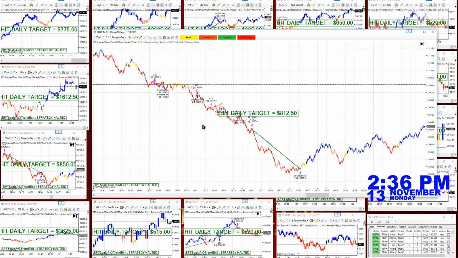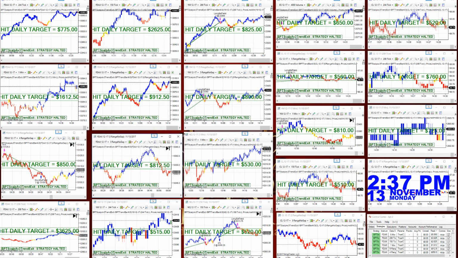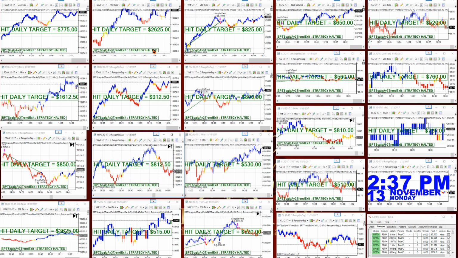And you can see 1, 2 small trades, and what we have done on it, there is no big stop loss on those, and I will show you. And then this one here got 815. This one here is 150 ticks.